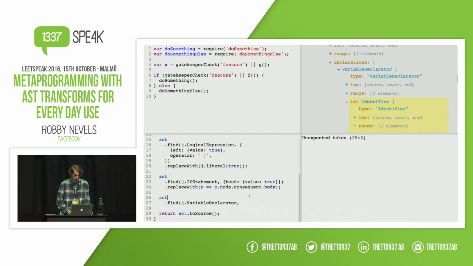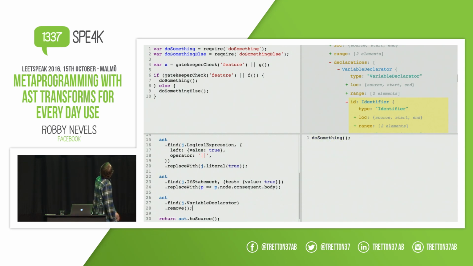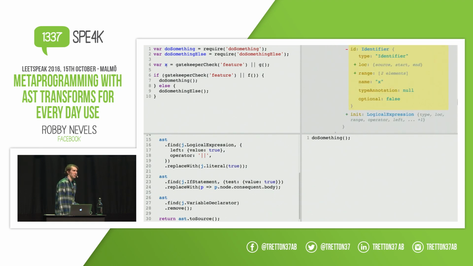And remove them. Boom. That cleaned up the code. Well, X, I could have removed X. That's fine. It's not referenced anywhere. It's not used. Do something probably shouldn't have been removed, so I probably should filter this stuff out.